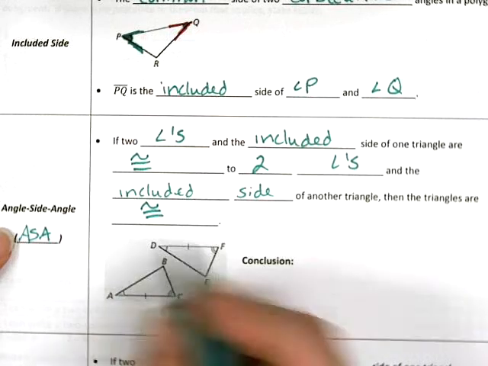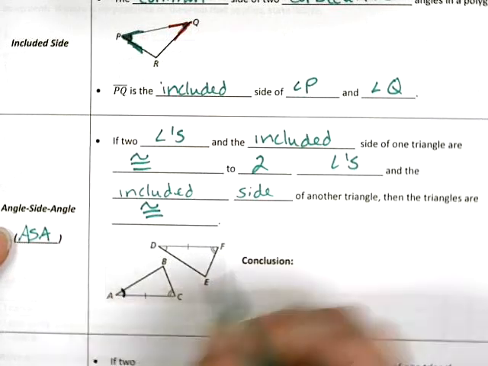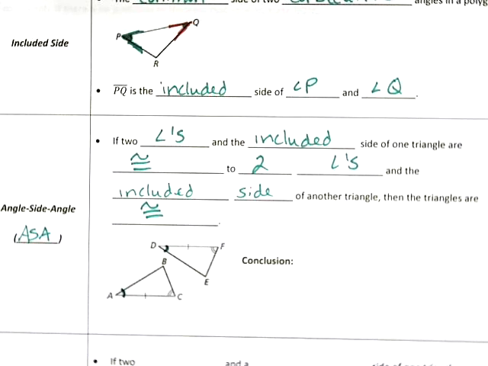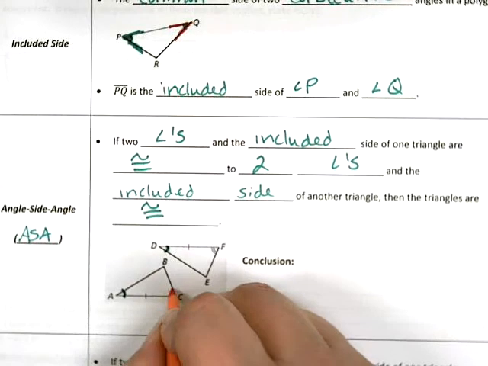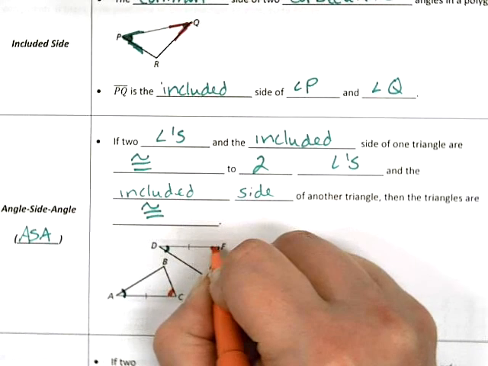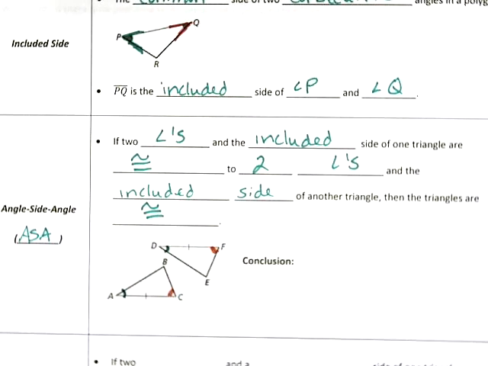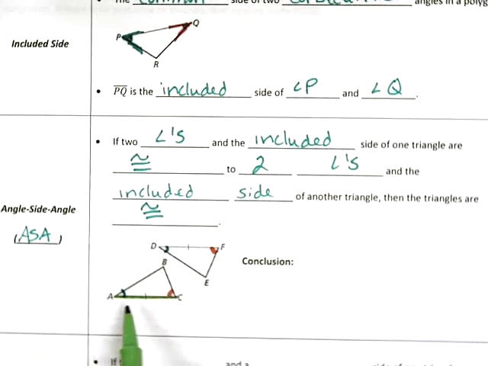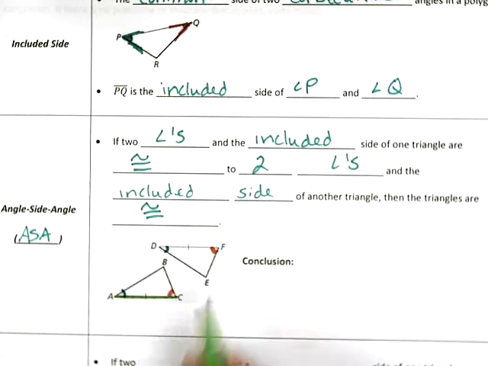Okay, so I'm going to highlight angle A in green. That's congruent to angle D. Those both had one little arc mark. Angle C has two arc marks. So does angle F. So those are congruent to each other. And if we look, AC is the shared side between those two angles.